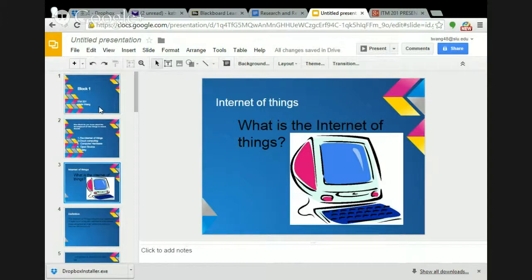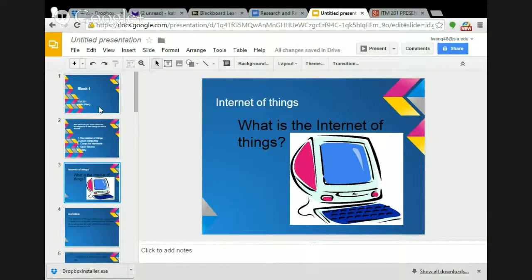So what is the Internet of Things? It refers to the collection of uniquely identifiable embedded computing-like devices within the existing Internet infrastructure.